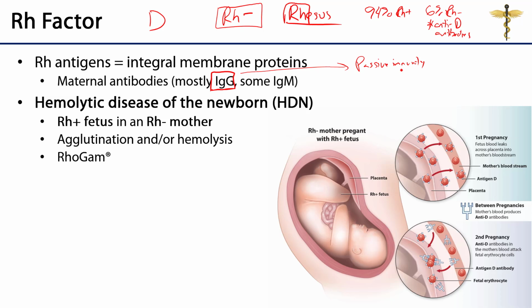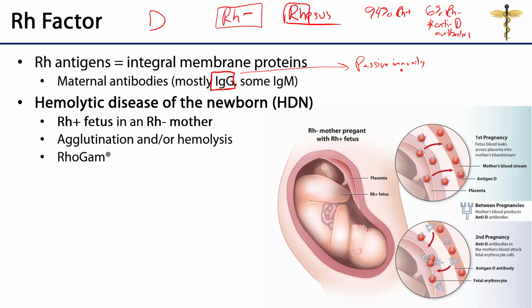So this is adaptive immunity that is not predicated on the fetus being exposed to something. It's gained that immunity from its mother. But these antibodies don't last a terribly long time, so this passive immunity doesn't last a long time.